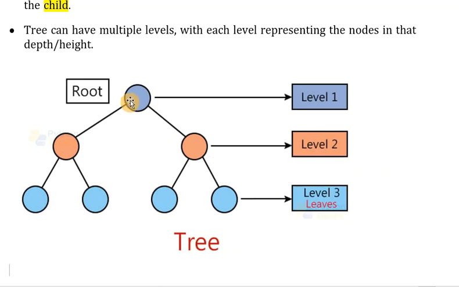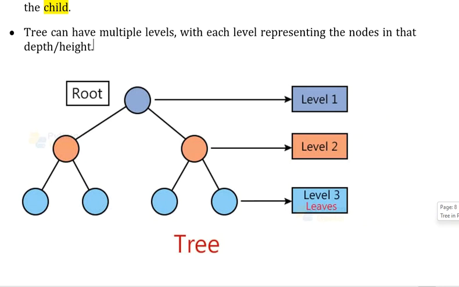So this is the root node, and these two are the child nodes, and if a child node has another child node, you can see here. At the bottom layer, level number 3, we have four different nodes, but these nodes are not going to have more children. If the nodes don't have children, these are called leaf nodes.